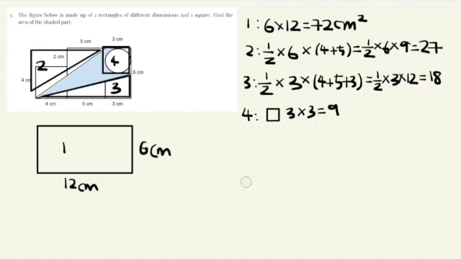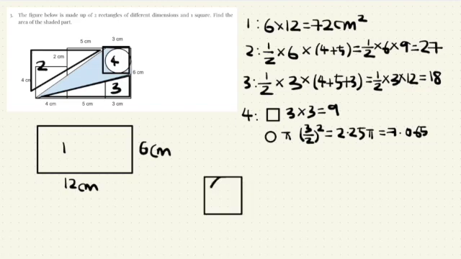Then for the circle, it will be pi r squared. Then r will be 3 divided by 2 because the diameter is 3. And this will give us 2.25 pi. If you put this into a calculator to 3 decimal places, it is 7.065. So for number 4, it will be 1 square and 1 circle.